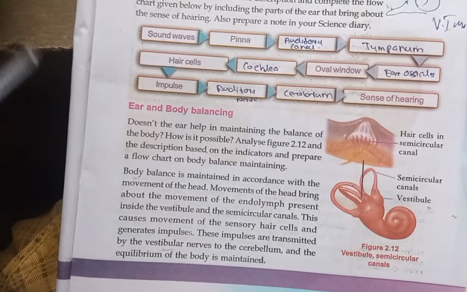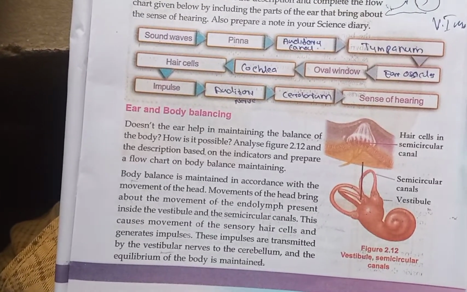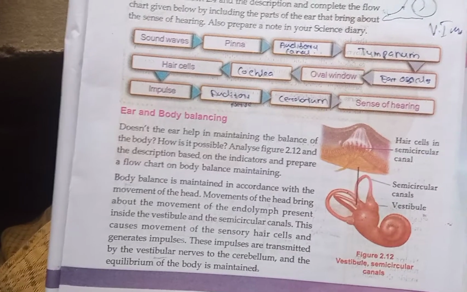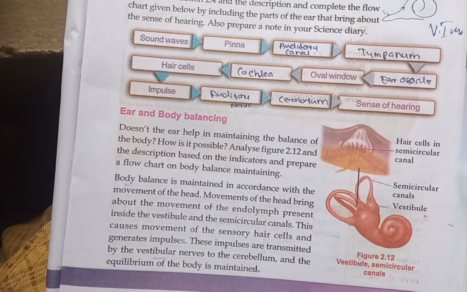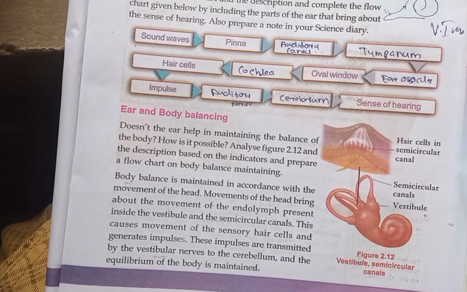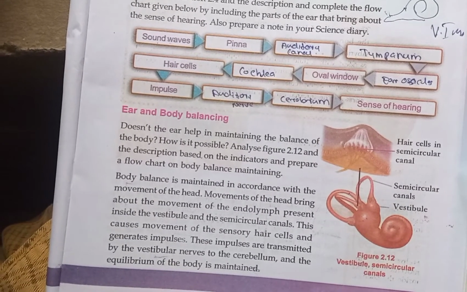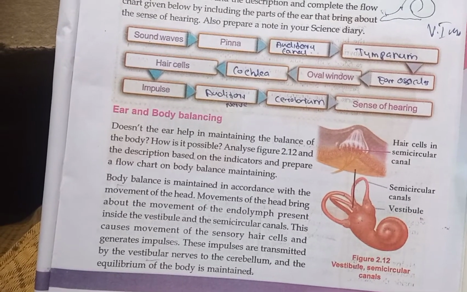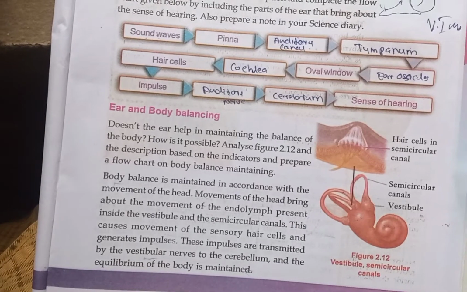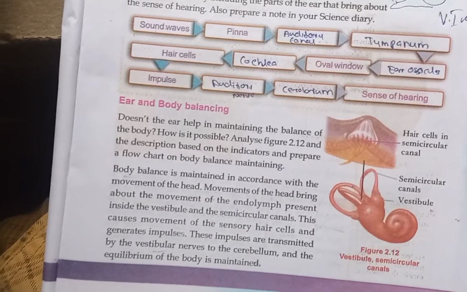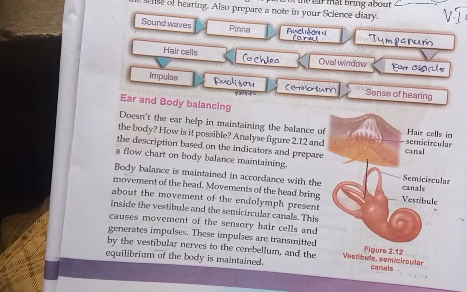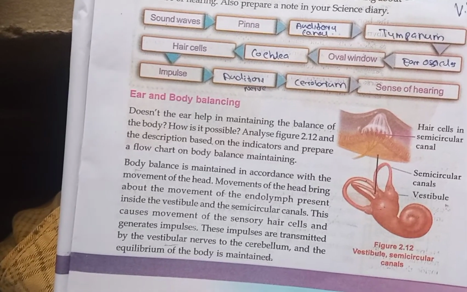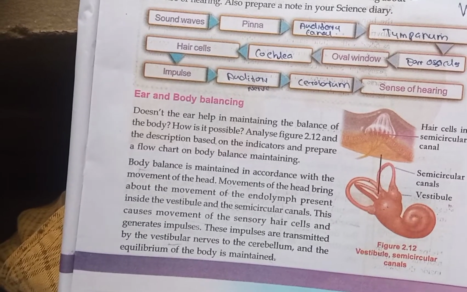When our head moves, the hair cells inside the semicircular canal and vestibule vibrate by the help of the endolymph, and stimuli are produced according to the head movement.